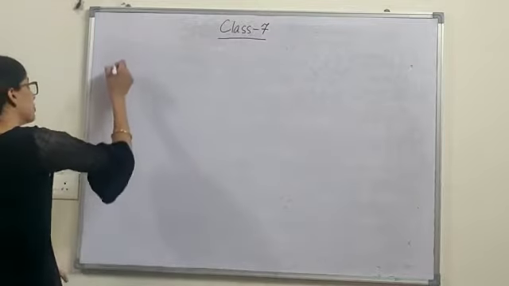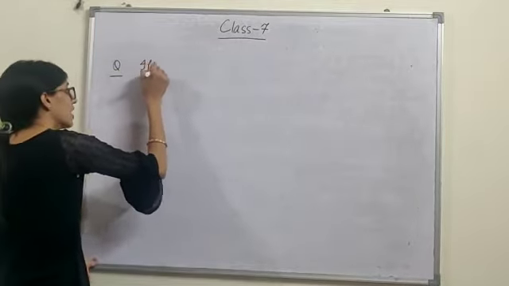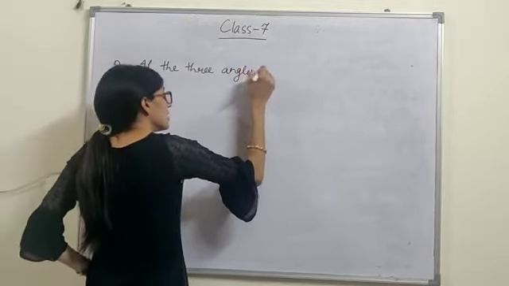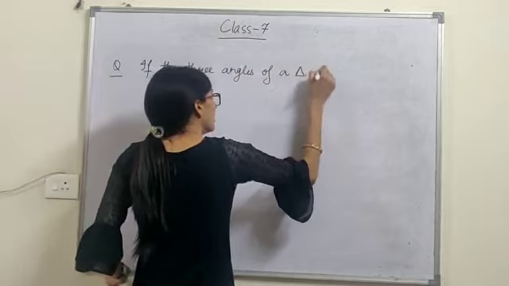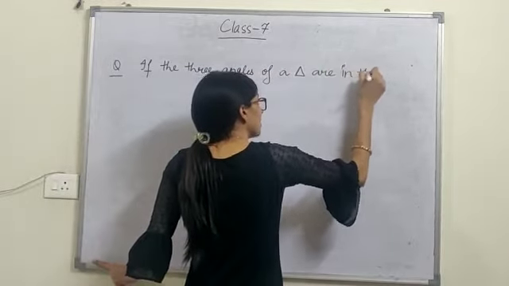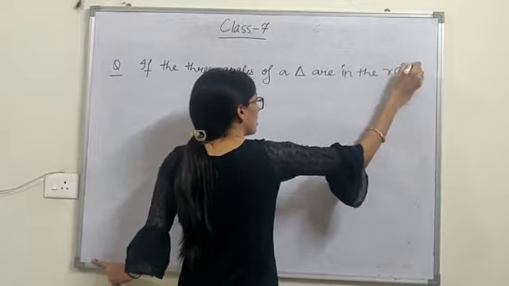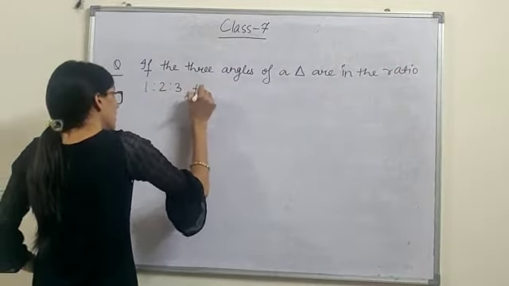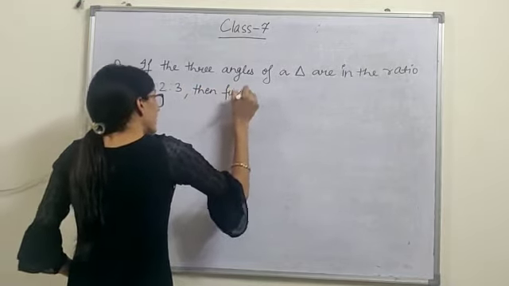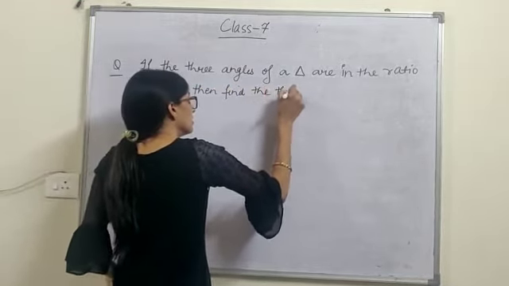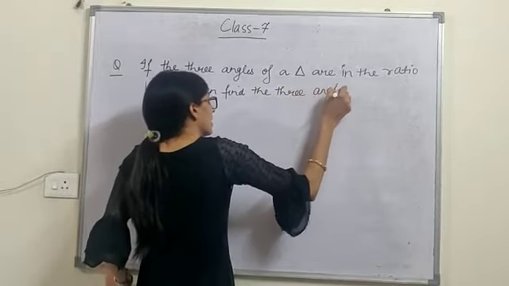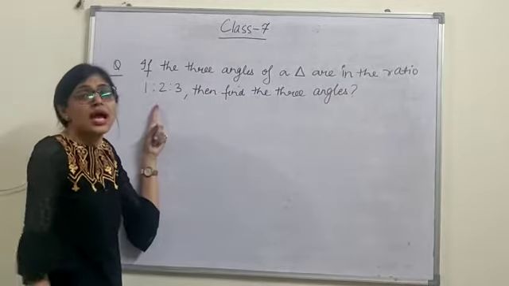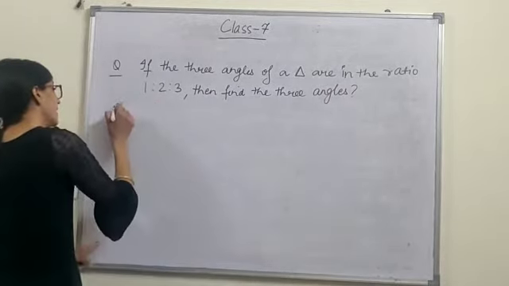So the question given to you is, if the three angles of a triangle are in the ratio 1:2:3, then find the three angles. The three angles of a triangle are given in this ratio and you have to find out all the three angles.